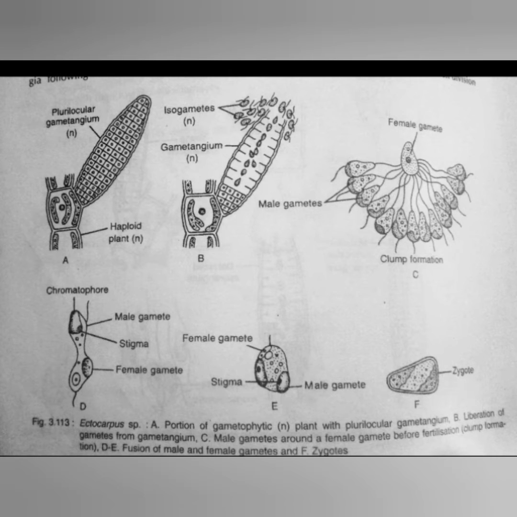That type of sexual reproduction is anisogamous, and anisogamy is very common in Ectocarpus species, and it may be of two types, that is morphological and physiological.